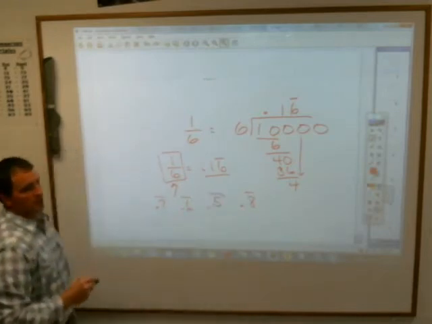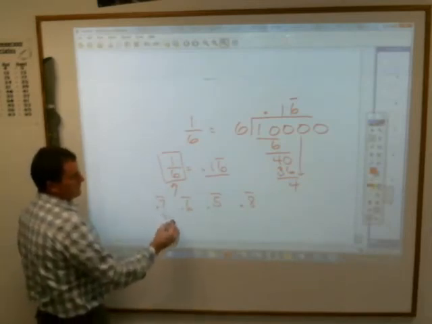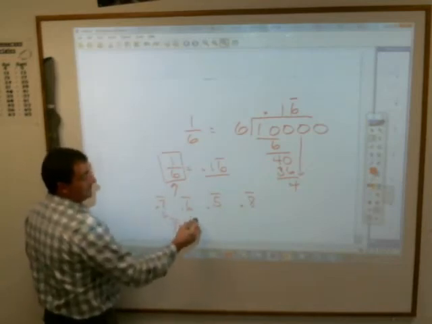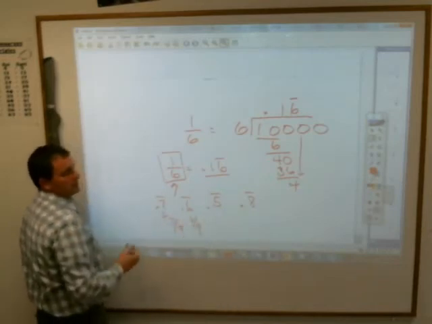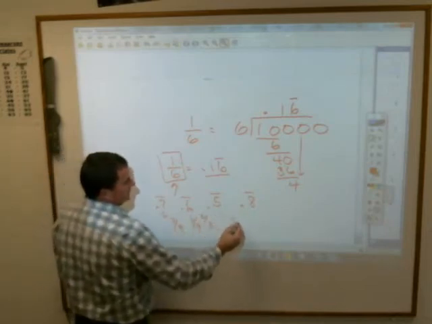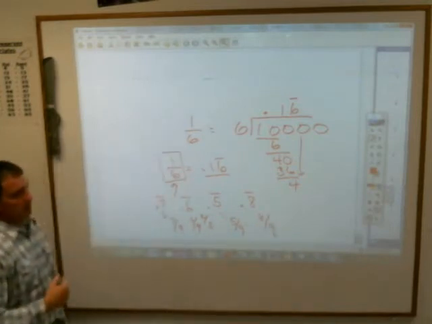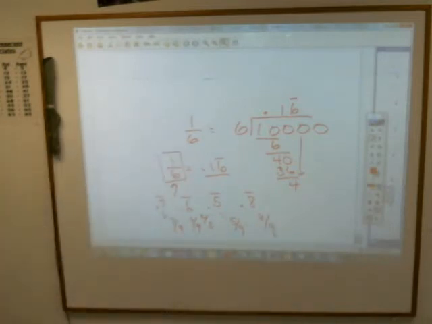What are those fractions? What is the denominator going to be on all of those? John? 9. Right. This is the same as 7/9. This is the same as 6/9, but you say that's 2/3, and I say yes it is, because if you reduce it, it's 2/3. This is 5/9. This is 8/9.